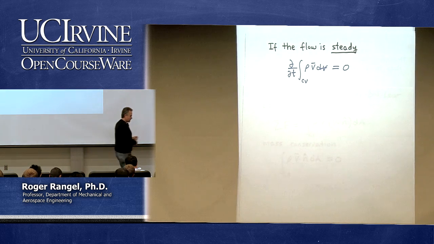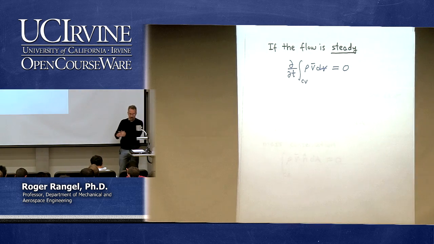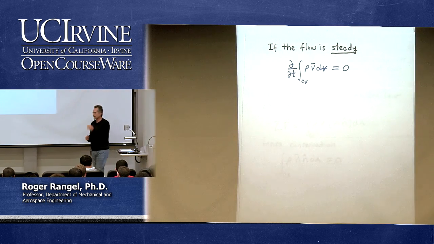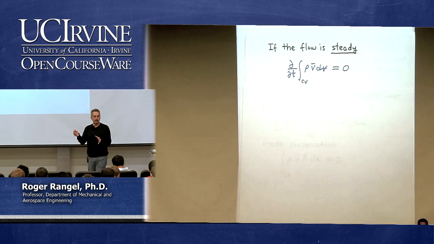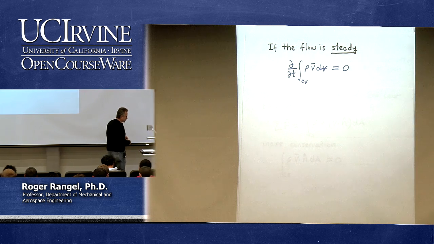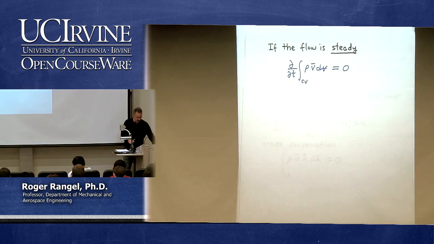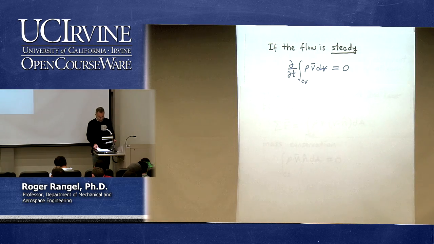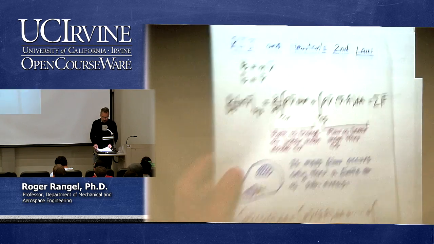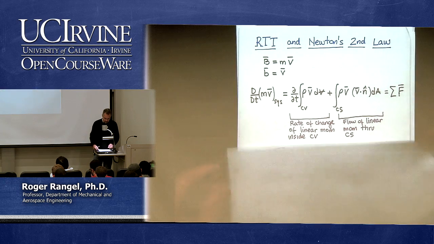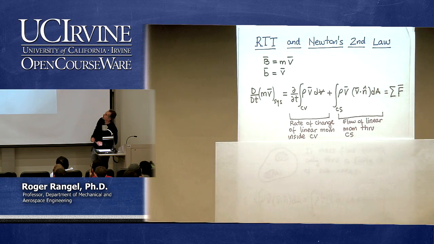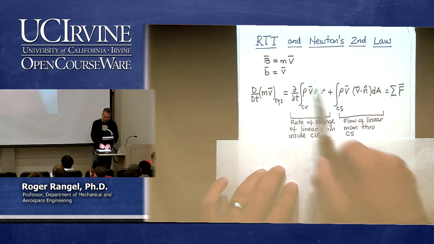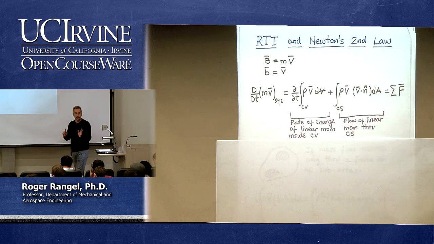And therefore, since I'm taking the derivative of what's going on inside the control volume, that has to be 0. That's always true for a steady problem: the first term in the Reynolds transport theorem, the first integral, since there is a time derivative involved, has to be 0. So going back to this equation, any steady flow will have this term be 0. That's one good thing to remember.